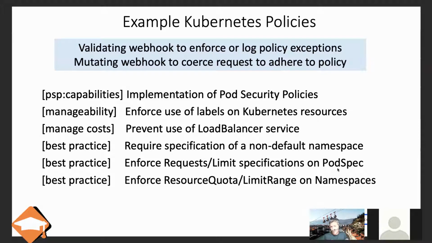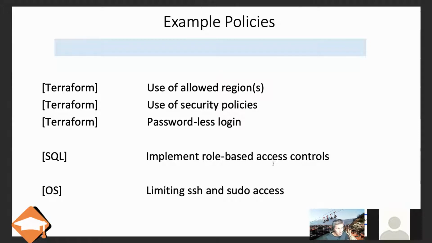We could do something like preventing use of a load balancer service, or at least by some users or in some namespaces, because of the cost of a load balancer in a managed cloud environment. And then various other best practices, like enforcing requests and limits on our pod spec, for example. The good citizenship of Kubernetes.